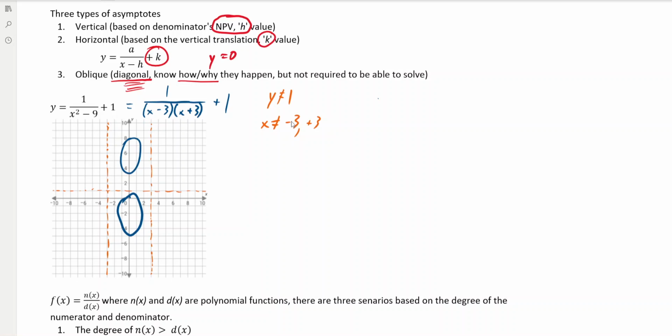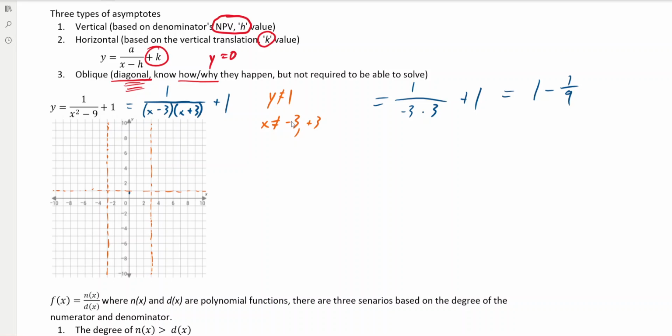If x is 0, then we have 1 over -3 times +3, plus 1, which is 1 minus 1/9. So it is definitely positive, and it's going to be down here, 1 minus 1/9.